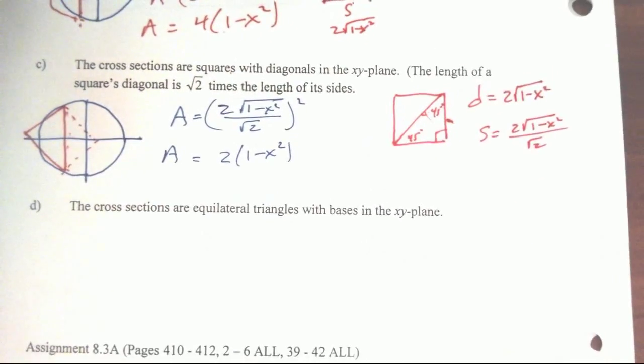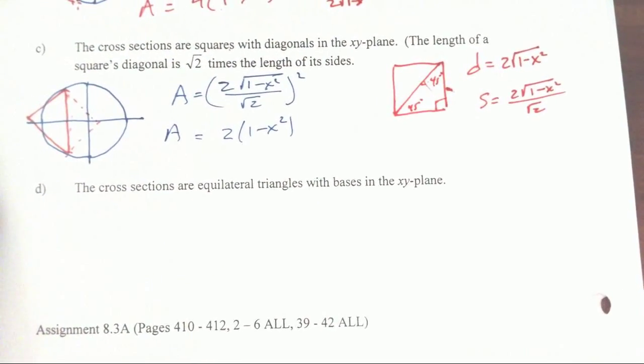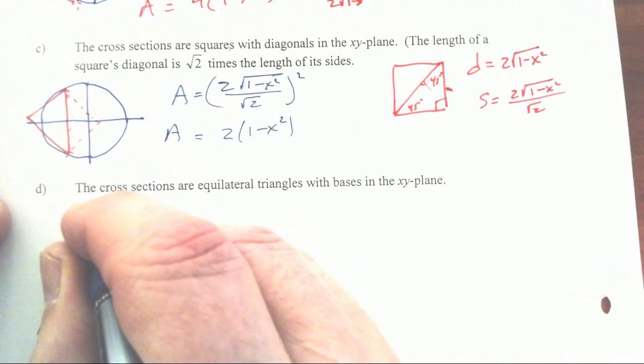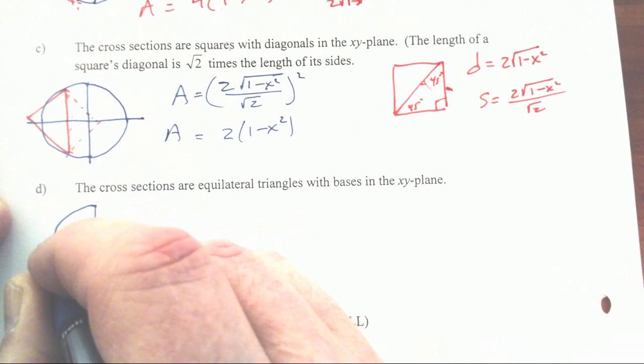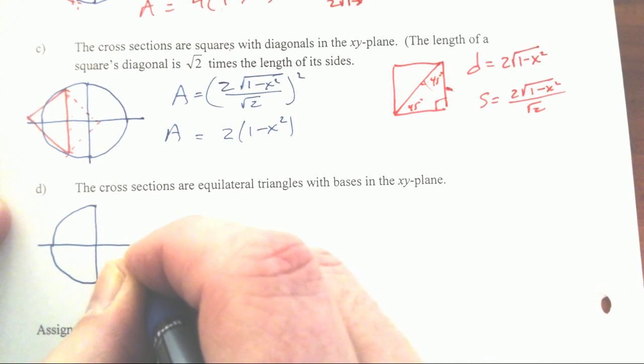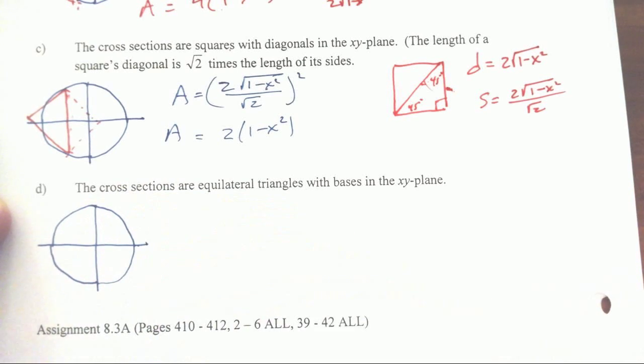Okay, the cross sections are equilateral triangles. This is going to call on a lot of our geometry skills and area formulas that we've known in the past. But again, I'm going to go back. I'm going to redraw. You got to get good at drawing these things, or at least adequate at drawing these to show our understanding.